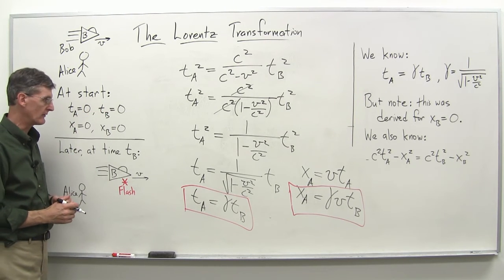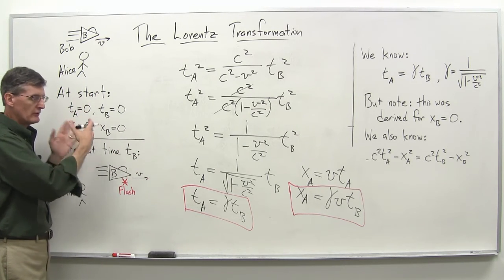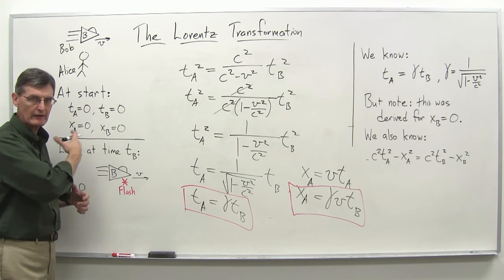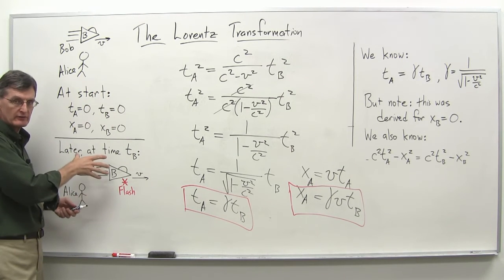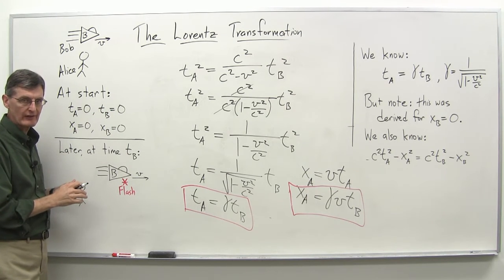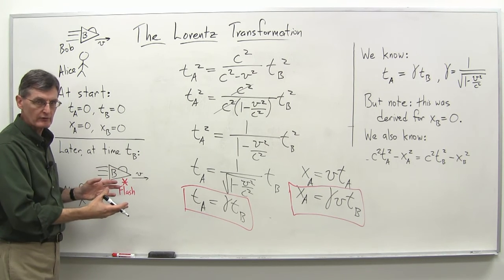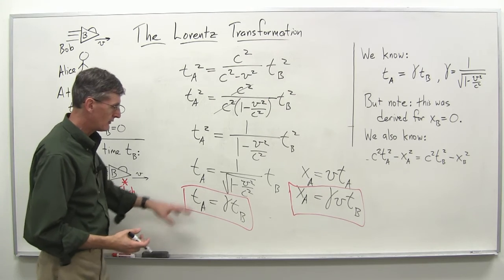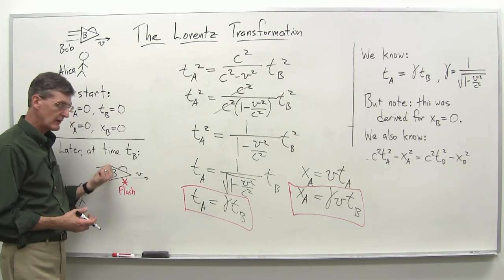If they're not set up like that, you can start your clocks at the proper time, or you can adjust the clocks back and forth if you want, to get a 0 point at that instant to have everything match up, and both Bob and Alice have their clocks at 0. Later on, of course, if Bob is moving, then they're not going to be synchronized anymore, as we talked about with the relativity of simultaneity. But here are the Lorentz transformation equations for this case where the flash of light is occurring at xb equals 0.